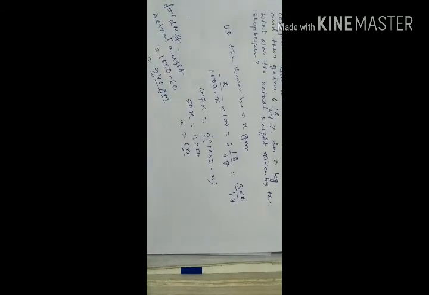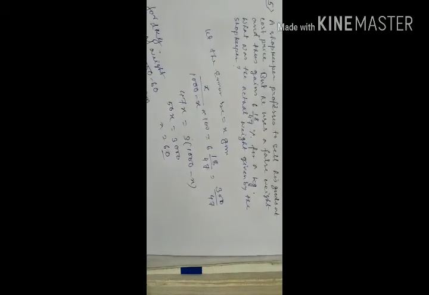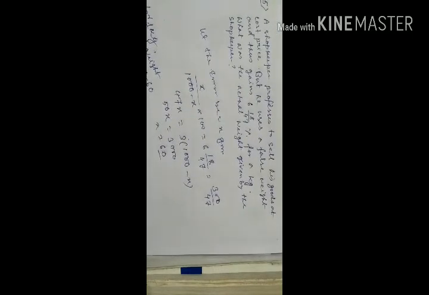So the shopkeeper gives the weight 940 gram instead of 1000 grams or 1 kg. So in this type of questions, you may find the solution in this way, using these tricks.